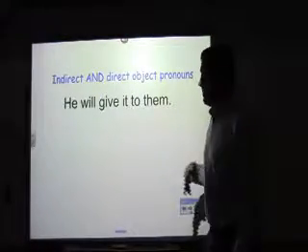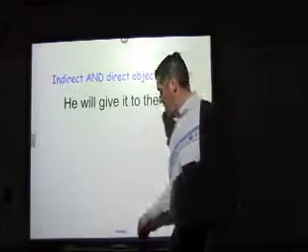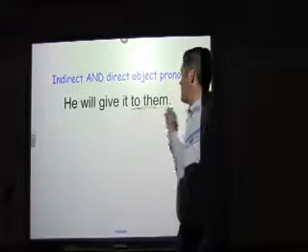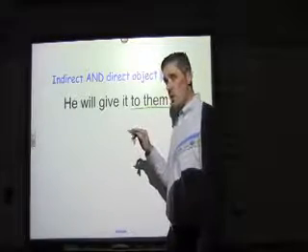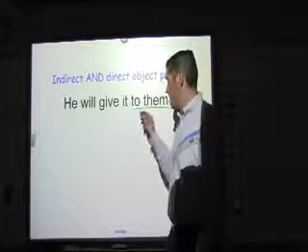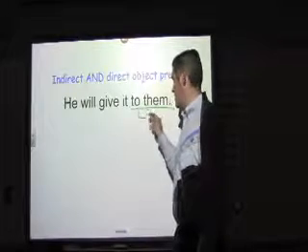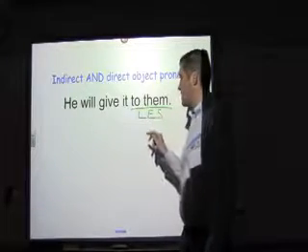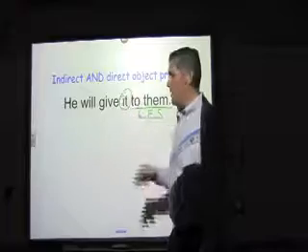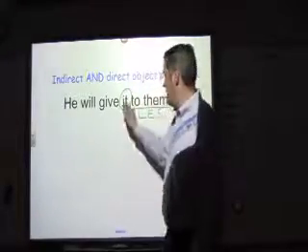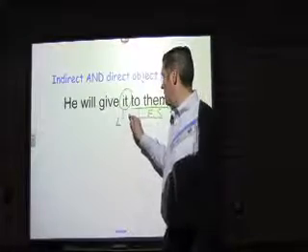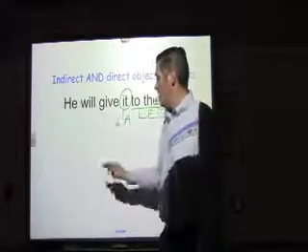Okay, almost wrapping it up here. He will give it to them. Now we have to them. You remember what to them is? It's not los. That would be them. To them. Indirect object. Les. It. Let's make it feminine just for fun this time. Let's call it the chair. La silla. La silla is it, so that will be la. He will give.